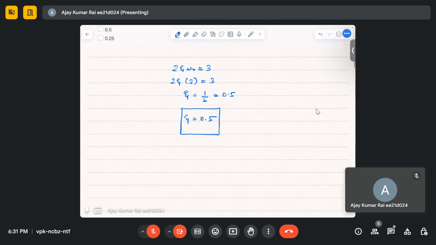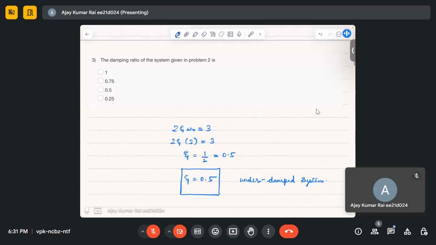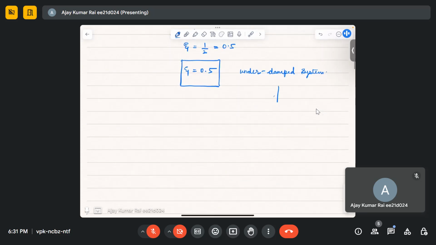So zeta is coming out to be 0.5, so this is an underdamped system, right? It's not asked what type of system it is, but by looking at the value, you can say it is an underdamped system. If you find the roots, you'll find roots somewhere here, so it will have an imaginary part.